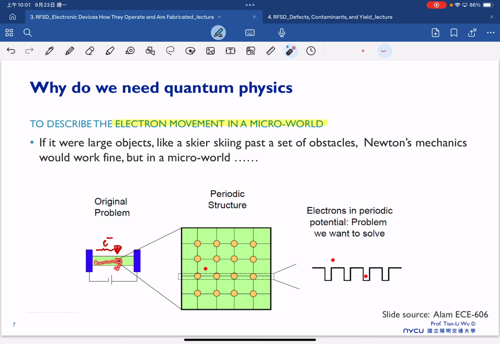The real problem in this case is that we consider the electron moving in a periodic structure.